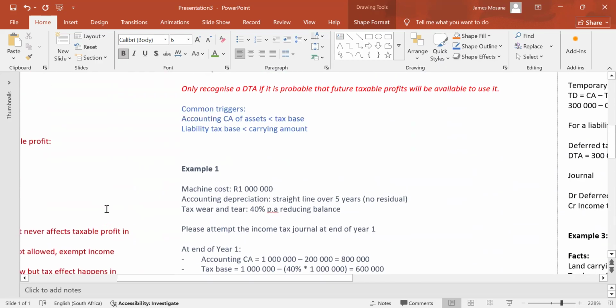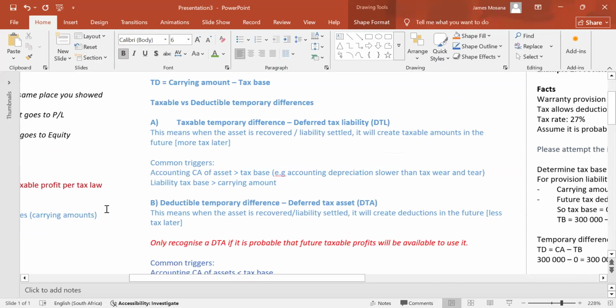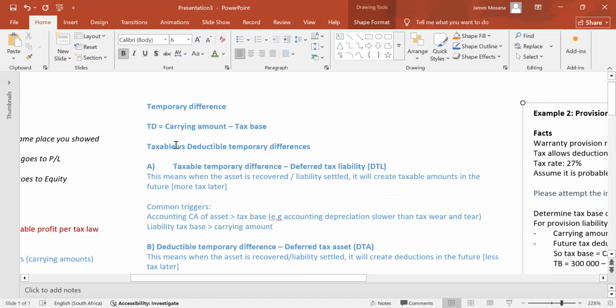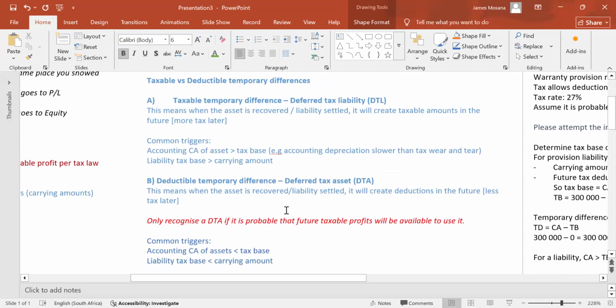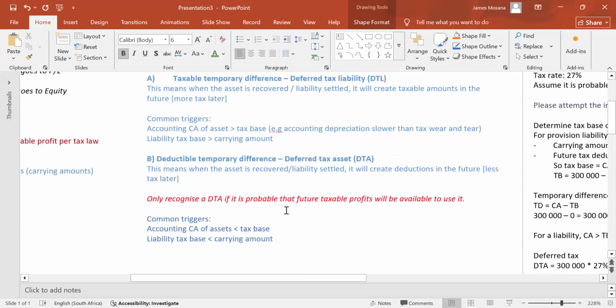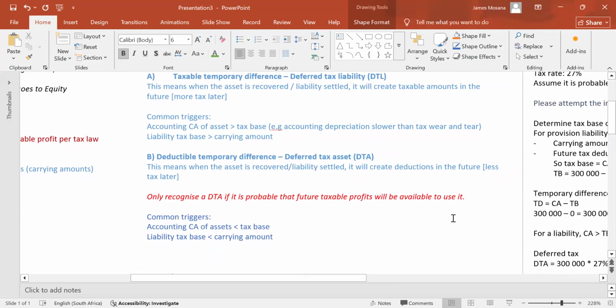And then obviously we have explained temporary differences. You get taxable temporary differences, and you also get deductible temporary differences. We have elaborated on the two. We also mentioned that you only recognize a deferred tax asset if it is probable that future taxable profits will be available to use.